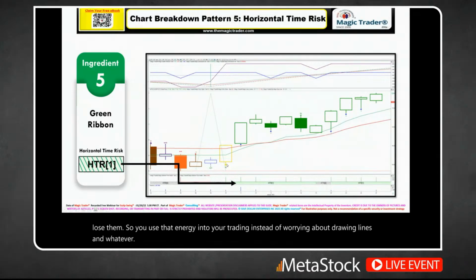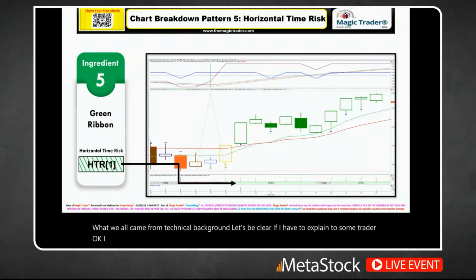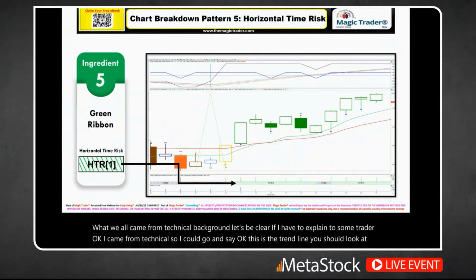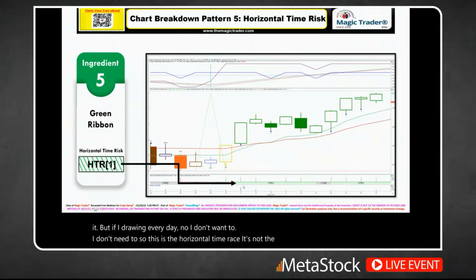But we all came from a technical background. Let's be clear. If I have to explain to some trader, okay, I came from technical, so I could go and say, okay, this is the trend line you should look at. But am I drawing it every day? No, I don't want to. I don't need to. So this is the horizontal time risk. It's not the same ribbon as in all other plugins or wherever you're seeing them.